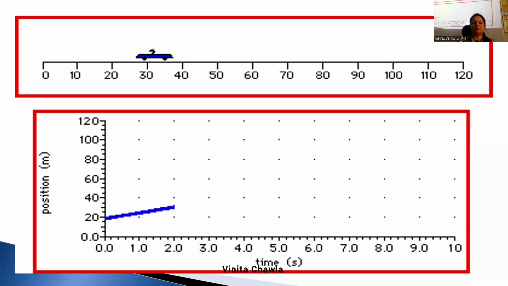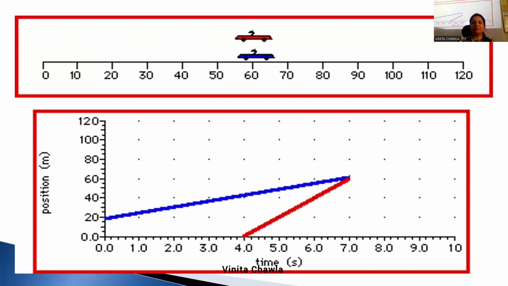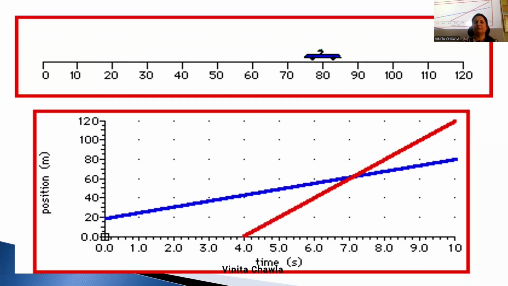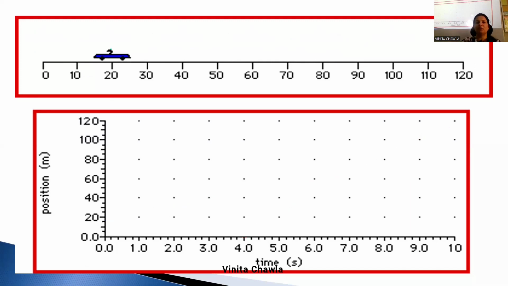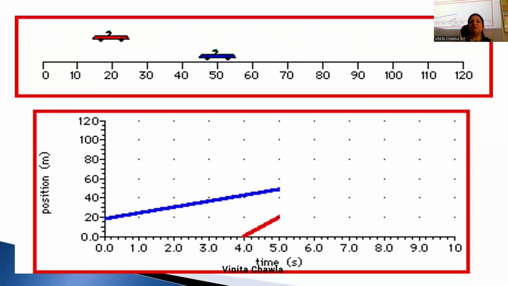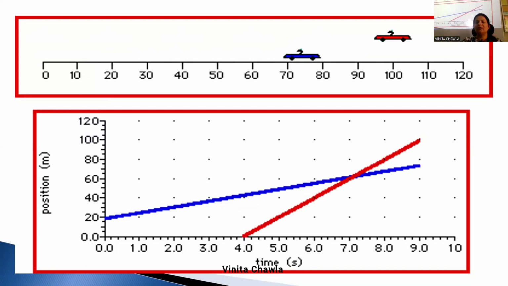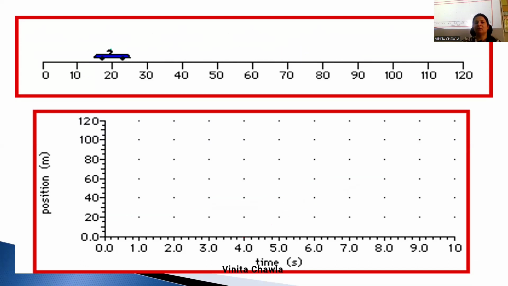Now look at this. What do you observe? We have 2 different cars. One is blue in color, the other is red in color, and they are moving with different speeds. So you can look at these graphs now. What do you conclude from these graphs?